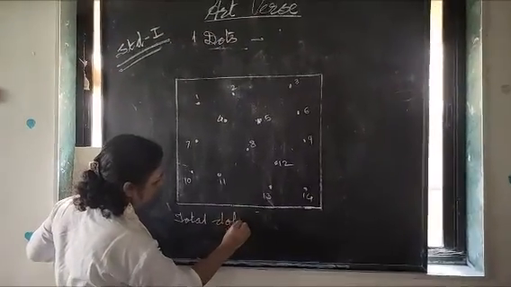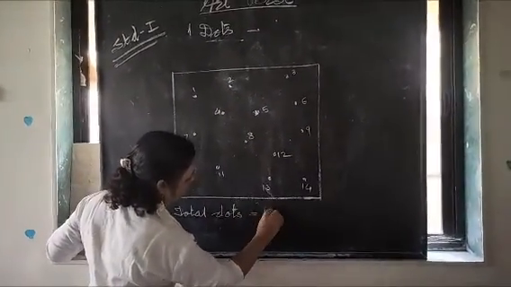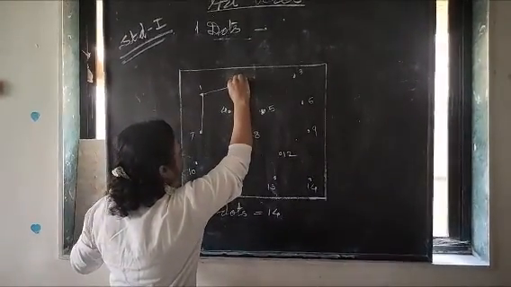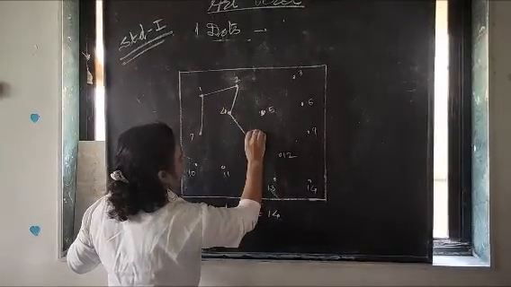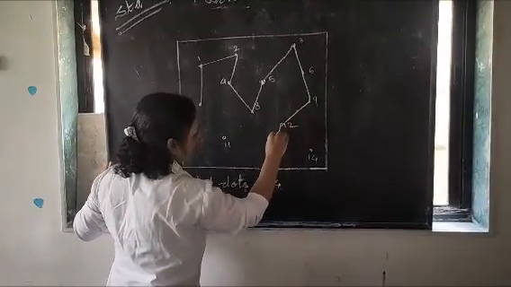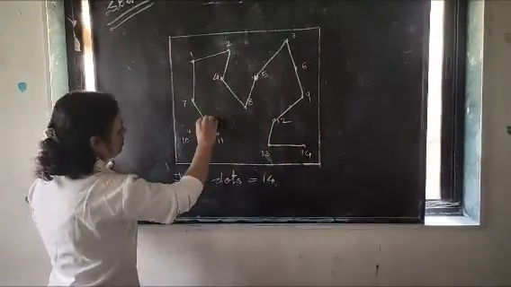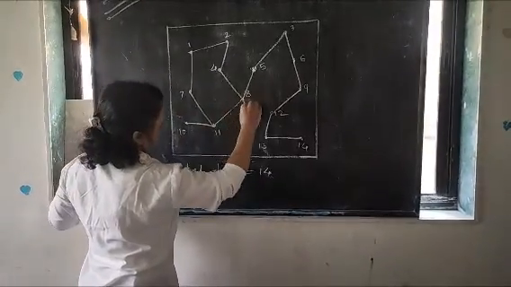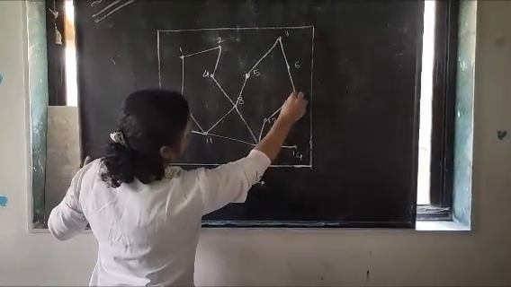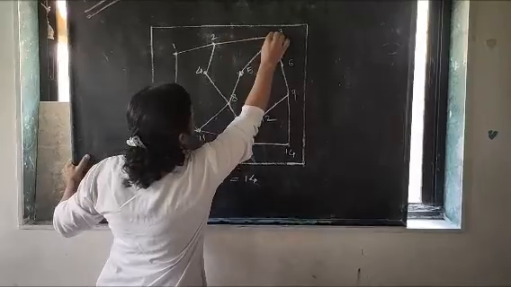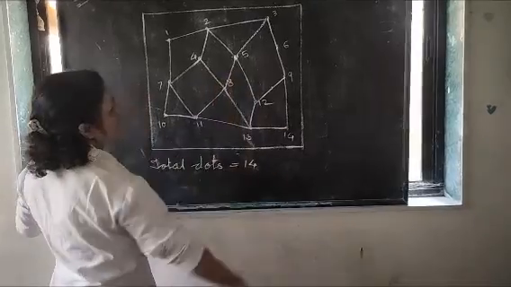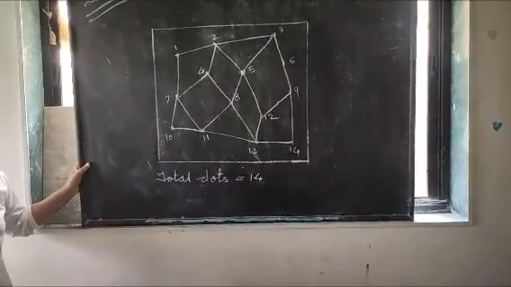Total dots 14. Then join the dots. Like this, we get a nice shape here.